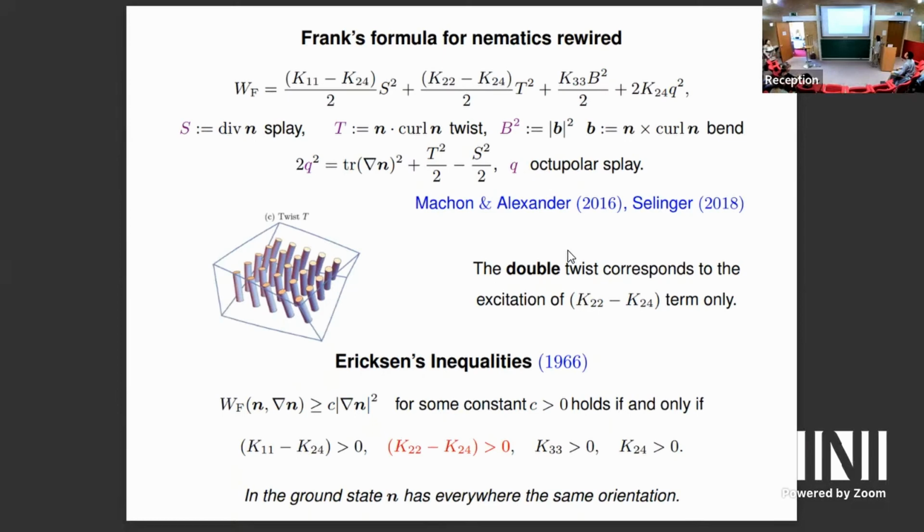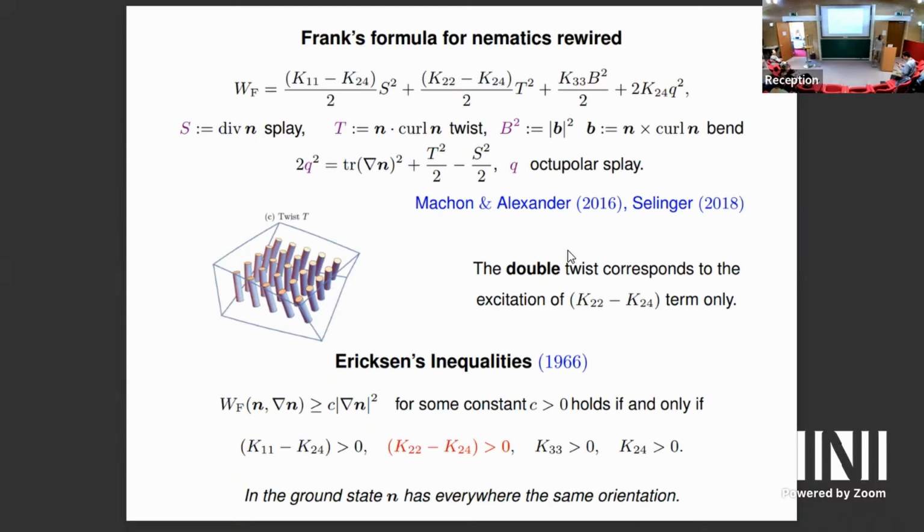This orientation field is the double twist, and has only the splay equal to 0 among all modes. And here it is depicted pictorially, and we call it double because for every radial direction we see that the director rotates in opposite direction, as it is vertical in the middle.